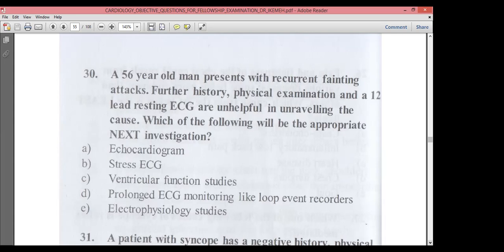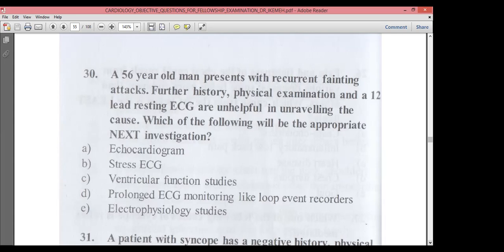So this patient has recurrent syncope, and examination and ECG are not helpful. So it's important for us to look for arrhythmias as the source of his syncope, because like I was talking about in the former question, when it comes to cardiac syncope, there are various arrhythmias. Let me just list them. Maybe I'll post this on the WhatsApp.